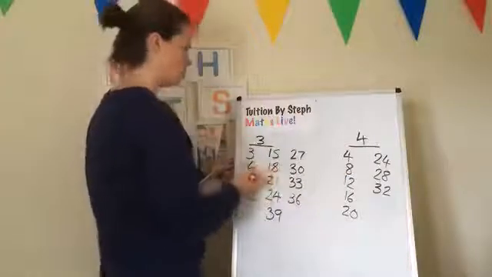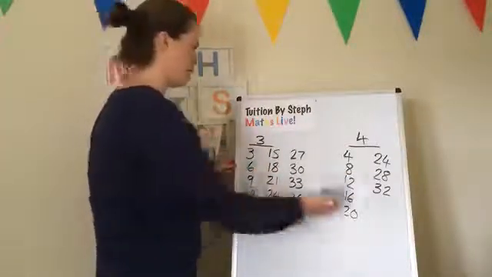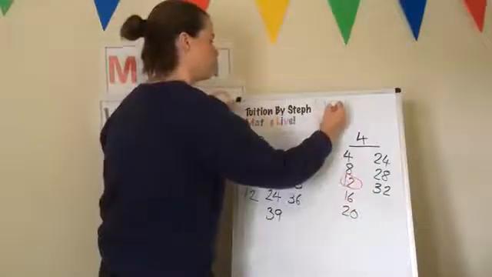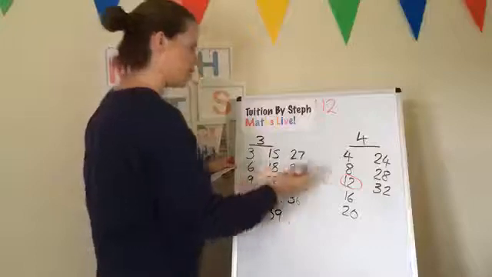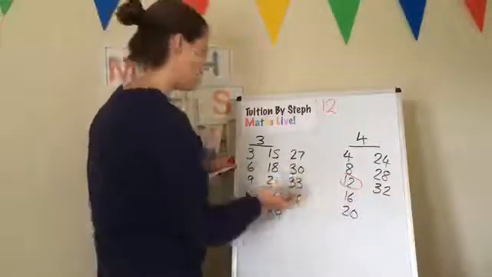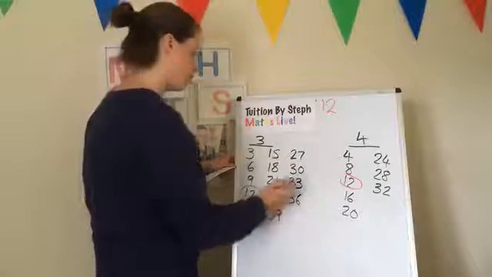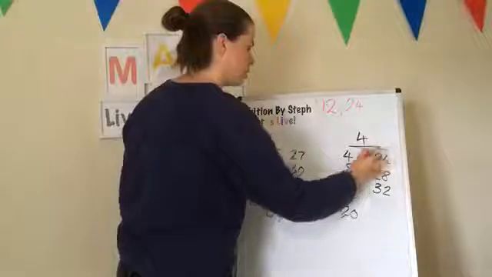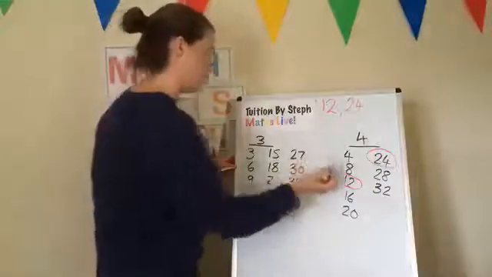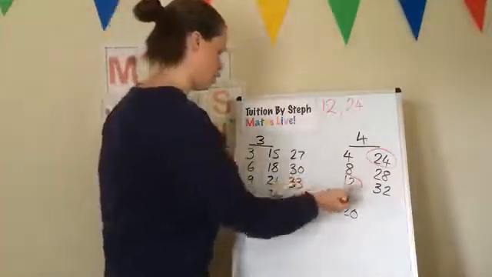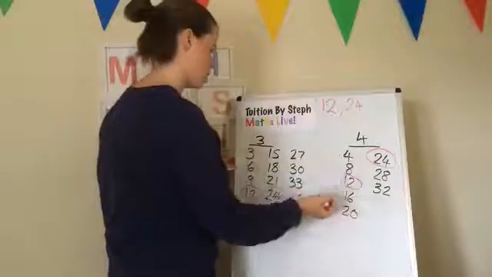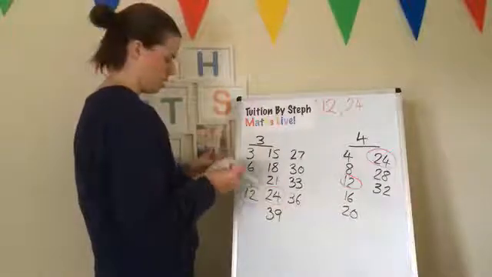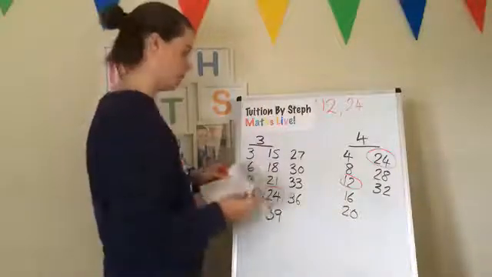So 3, no. 6, no. 9, no. 12, yes, so that's one. 15, no. 18, no. 21, no. 24, yes. 27, no. 30, no. 33, no. 36, no. 39, no.